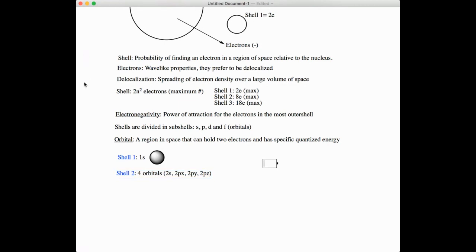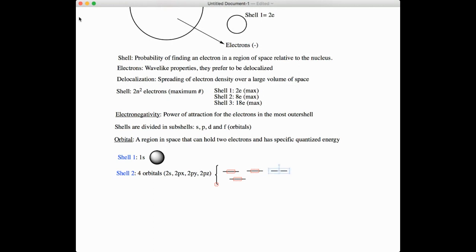So let's get a little deeper into this. Remember how I said that orbitals are regions in space that can hold 2 electrons, and they have a specific quantized energy. It's important. So the s orbital is slightly less energetic as compared to the p orbitals, which are higher in energy than the s.